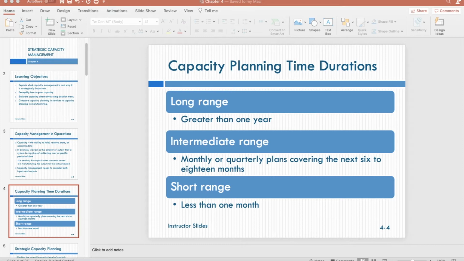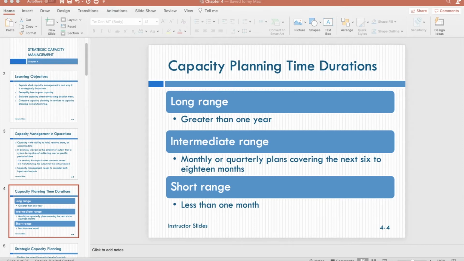And then more frequently, when we are preparing for the next month or next quarter of the operation management for our firm, this corresponds to capacity planning for the intermediate range.